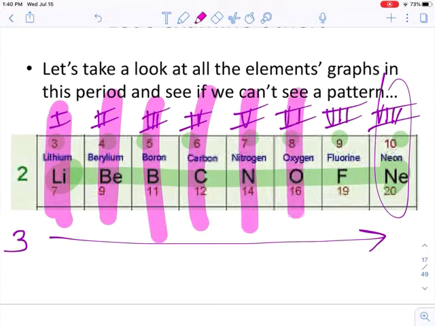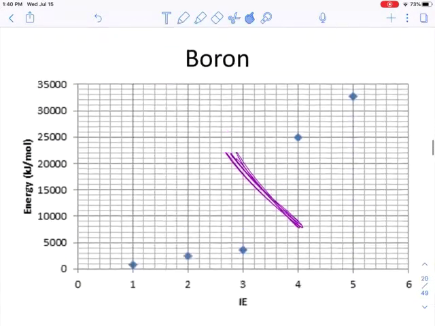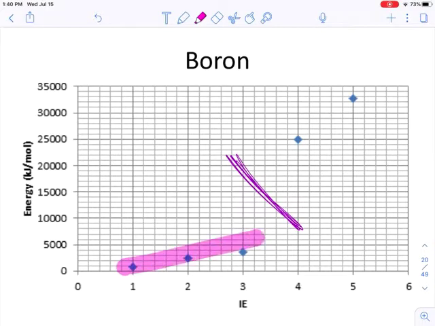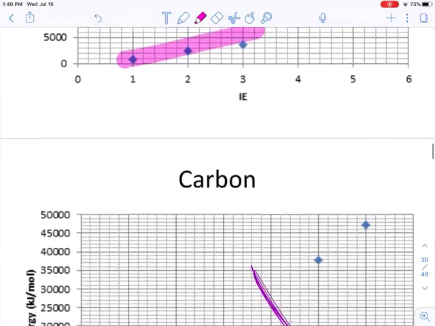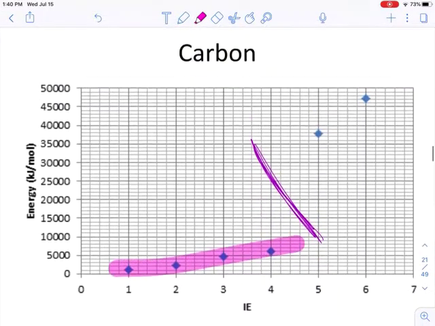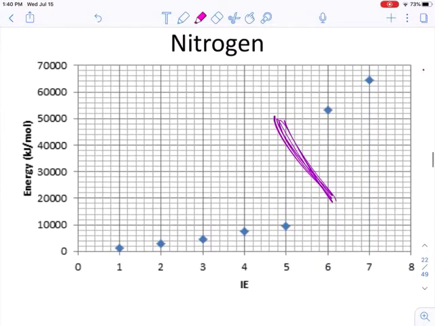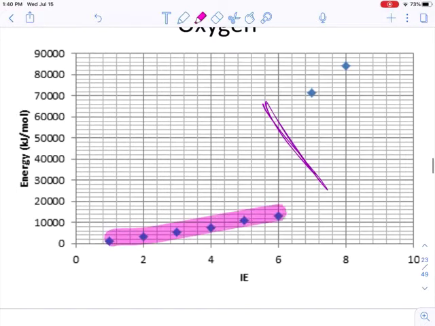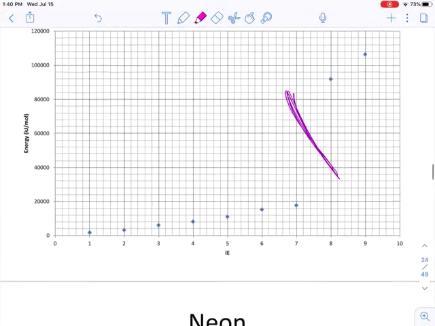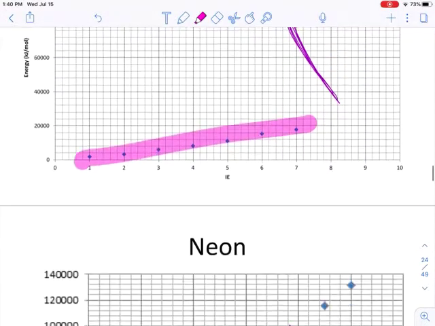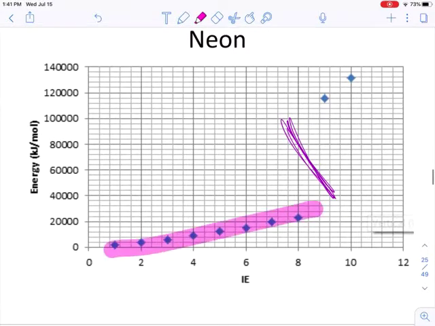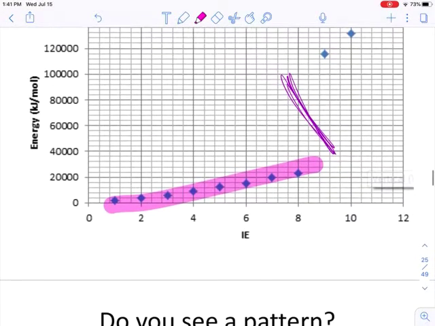Now, boron has 3, and then 4, 5, 6, 7, and 8 back up to neon, so it's not a shock that boron has 3 valence electrons in the 3rd column. Carbon has 4 valence in the 4th column. Nitrogen has 5 valence in the 5th column. Oxygen has 6 in the 6th column. Fluorine has 7 in the 7th column. And now here we go up to neon, 8.